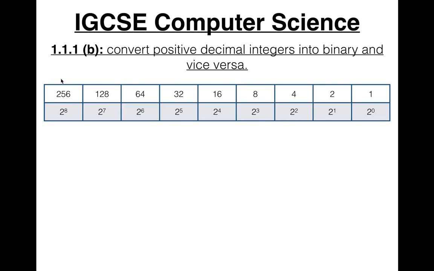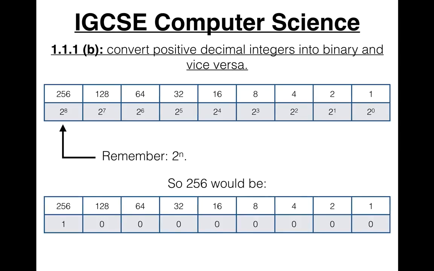So we'd look at this number here, and 256 would then be a 1 put under it, and the zeros are the rest. And you can represent higher numbers than only 255. If you want to represent, say, 1,000, then you could keep adding to the left hand side 2 to the power of n, and that's it.